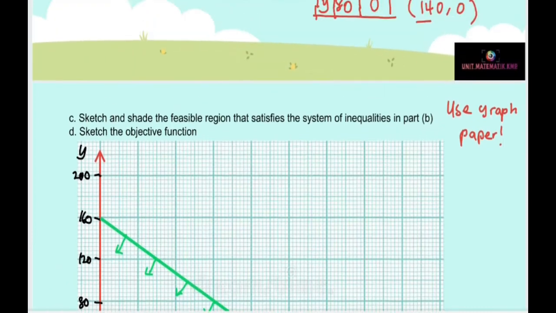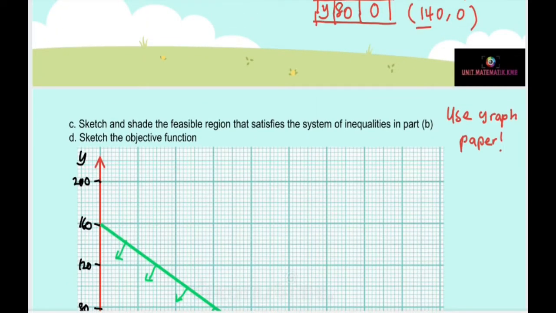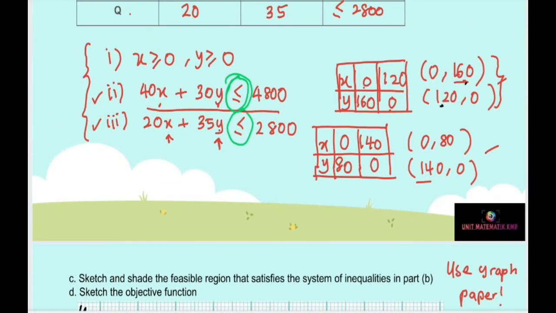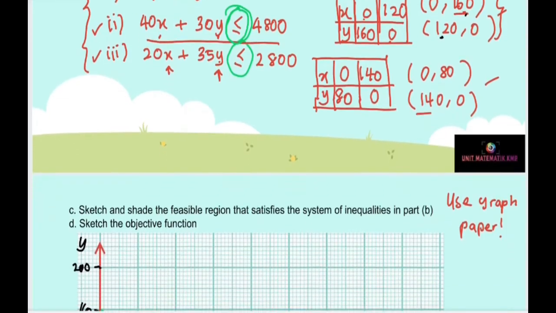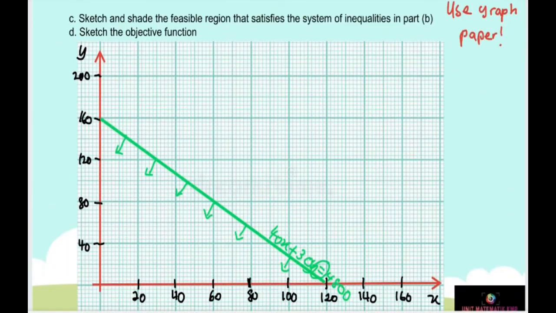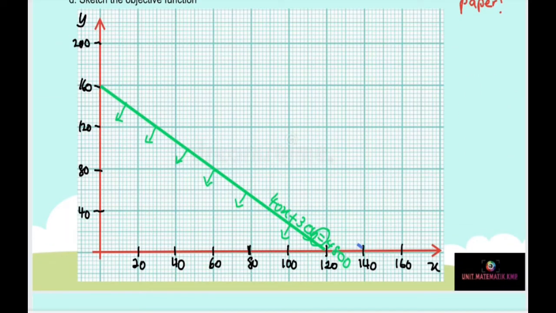Okay, and then the second line: 140 and 80 are the intercepts of the x and y axis, so I use a blue line. So we have 140 and 80 here.